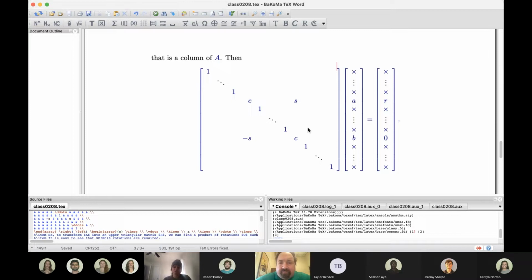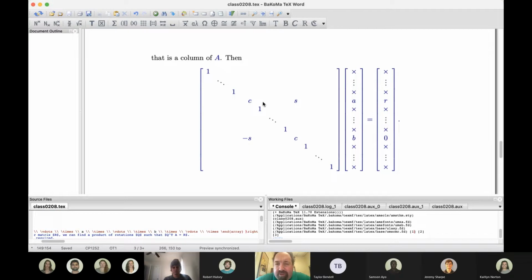Now, when I multiply this vector by this matrix, all the entries where you see x's will not change. Only these two positions will change. So a and b get changed to r and 0. So I've used this entry to zero out this one.